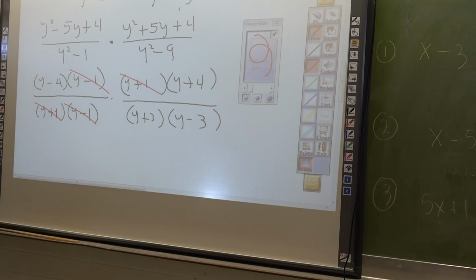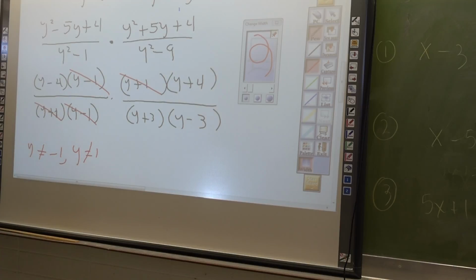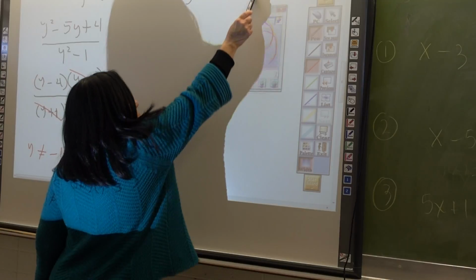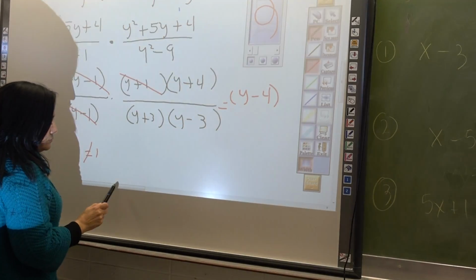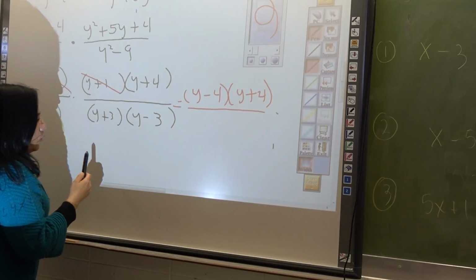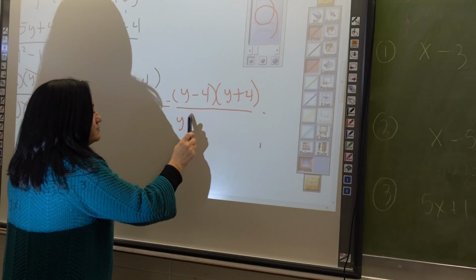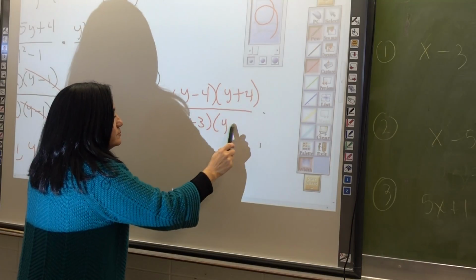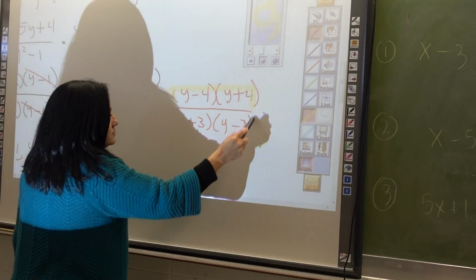So we don't want y to be negative 1. y equals 1, no. So what is left? y minus 4, y plus 4 on top, over y minus 1, y minus 3. And that's the answer.